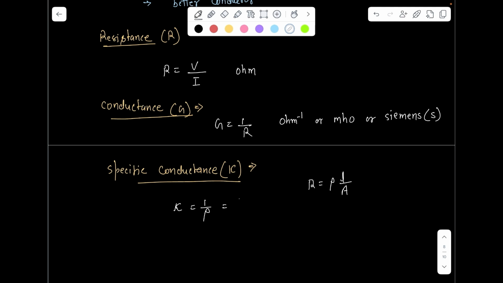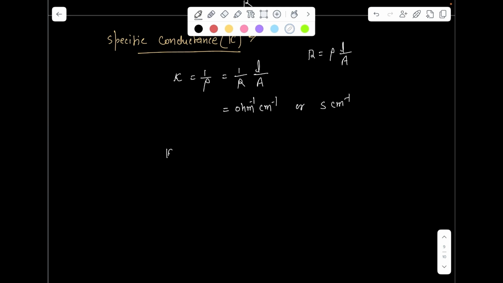So we will write here 1 by R, L by A. The unit we can write as ohm inverse centimeter inverse, that is 1 upon R is ohm inverse, and centimeter inverse, since length is centimeter and area is centimeter square. Or else we could write siemens centimeter inverse.